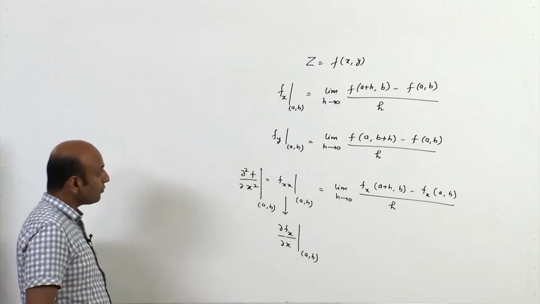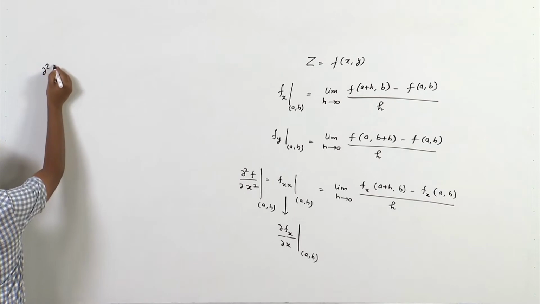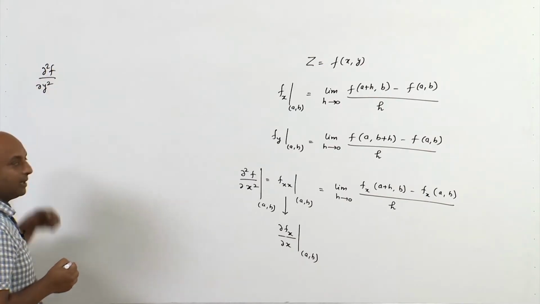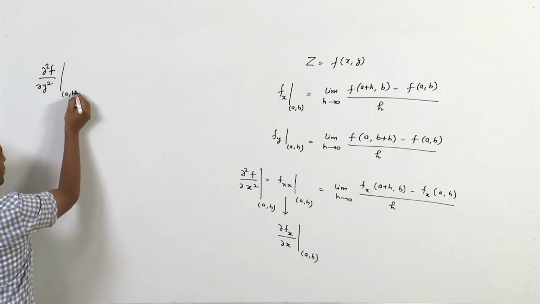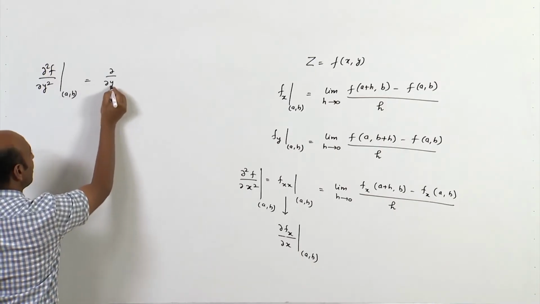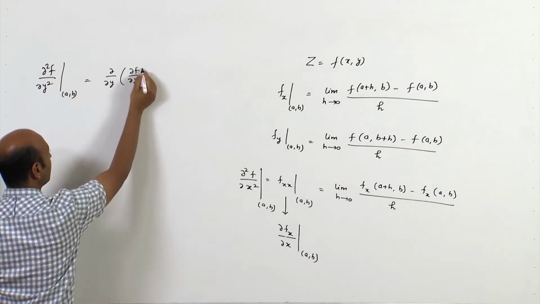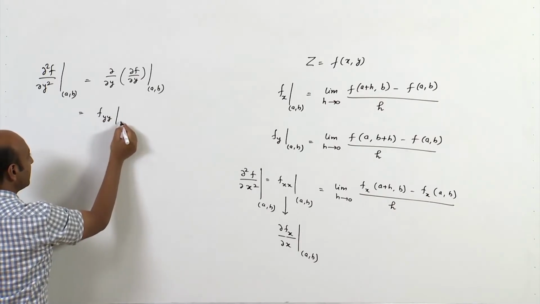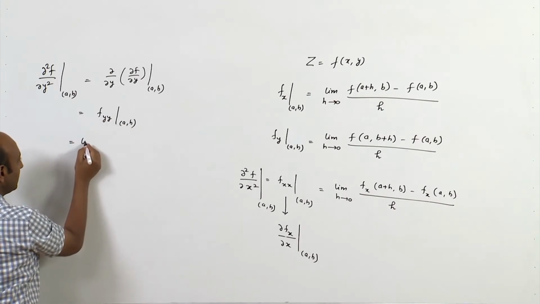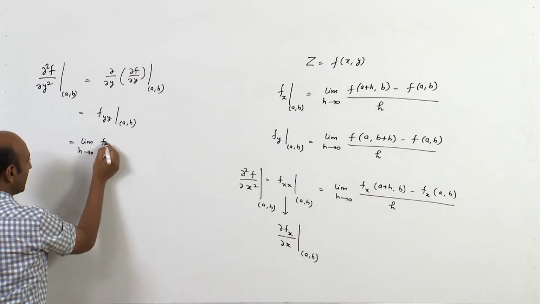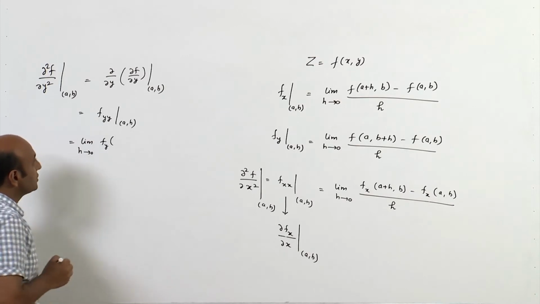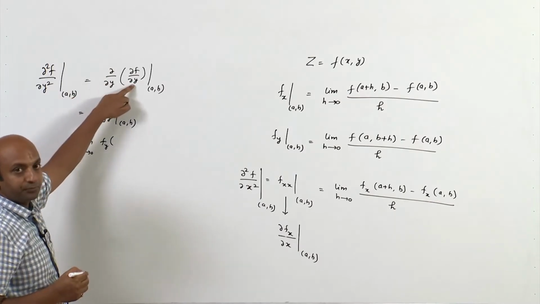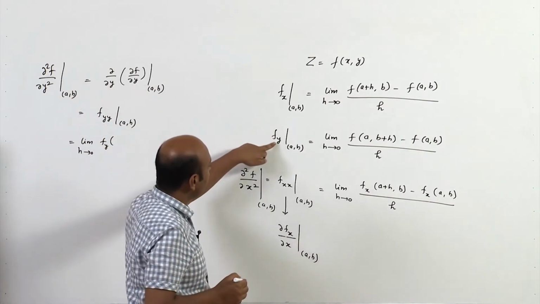Now similarly, if we define ∂²f/∂y², the second order partial derivative of f with respect to y at (a, b), it can be defined as ∂/∂y of ∂f/∂y at (a, b), also denoted by f_yy at (a, b). It is simply given by the limit as h tends to 0 of [f_y(a, b + h) − f_y(a, b)]/h, because now you have to apply the definition of ∂/∂y on f_y.